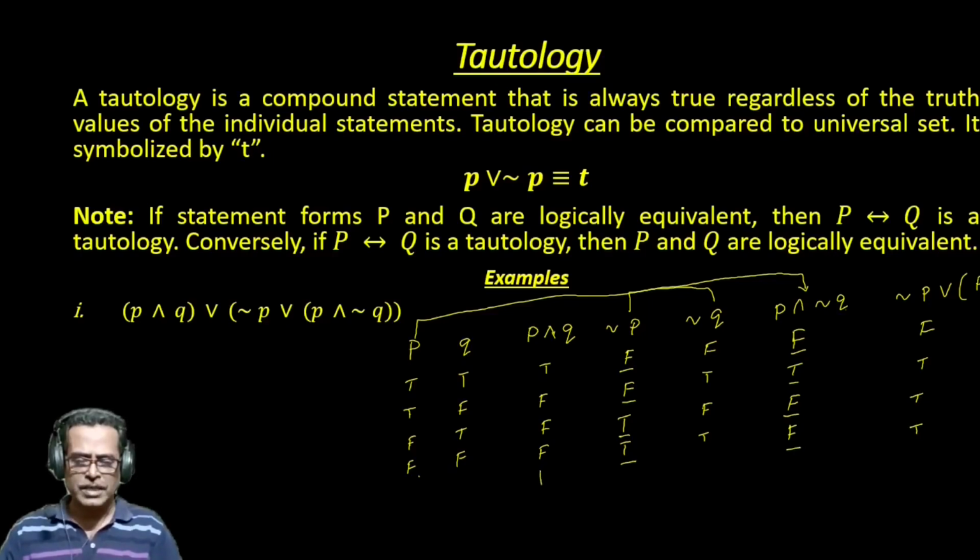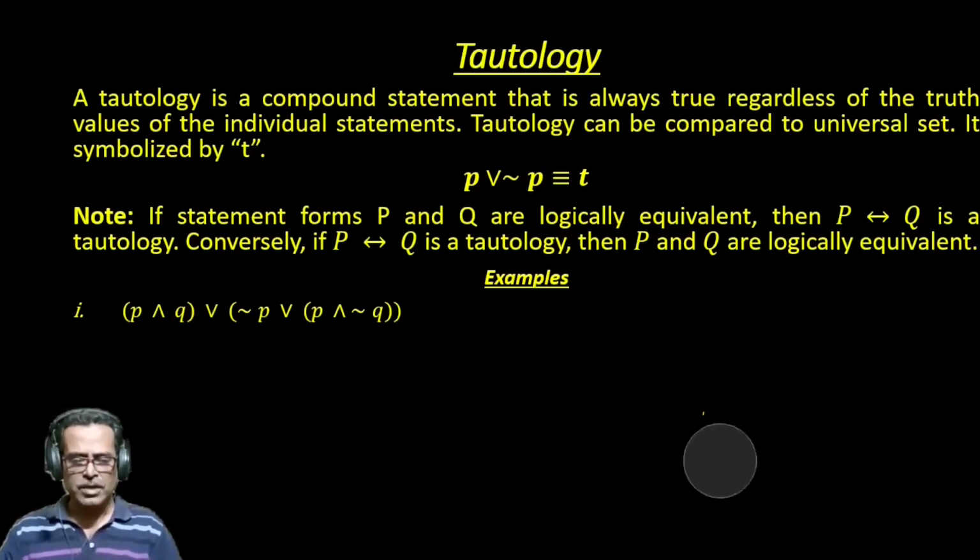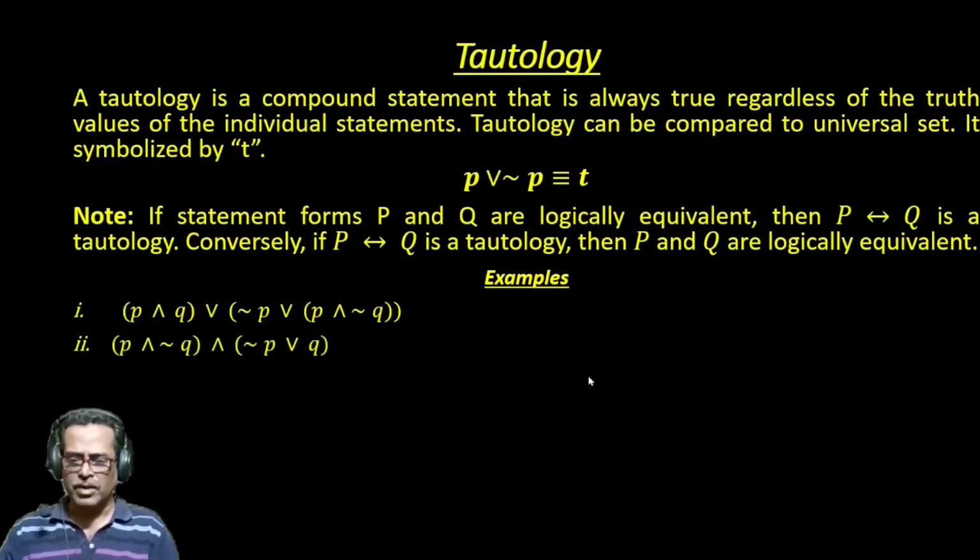Now this and this, P and Q or this, the final statement: true, false, false, true, true, true, true, true, true, true, true. So all are true. That is why we can say that this is a tautology. In this way, we can prove whether an expression is a tautology or not. Next, these are examples of tautology. You may prove that.